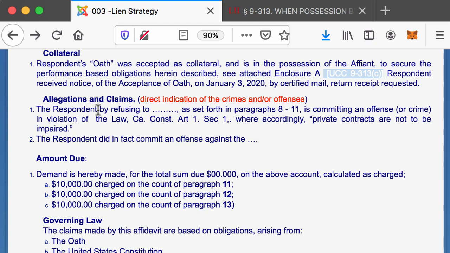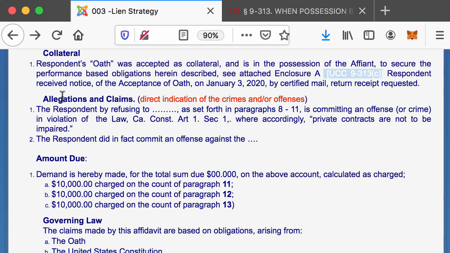The respondent, by refusing to do whatever, demonstrating the behavior, committed an offense, or the respondent did in fact commit a crime when they did whatever. Spend some time figuring out how to make those claims, allegations, indictments, because those are the charges that you're charging them with.